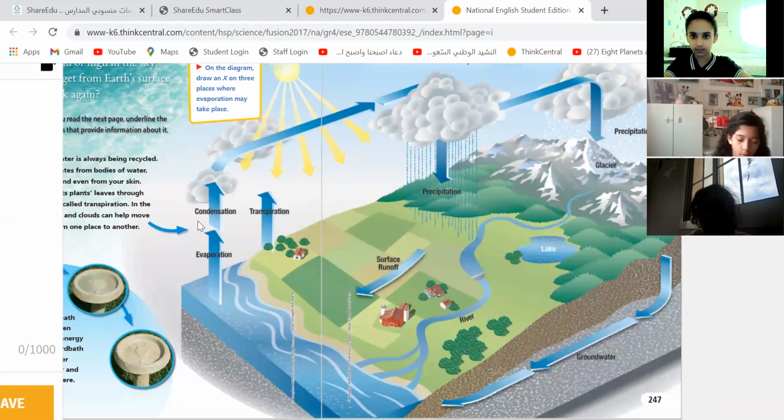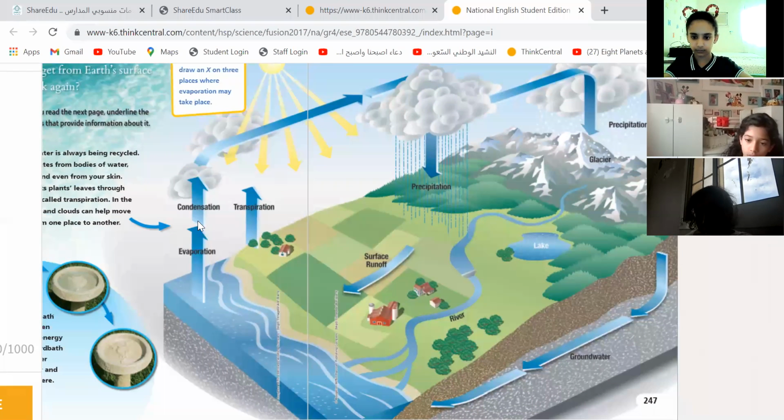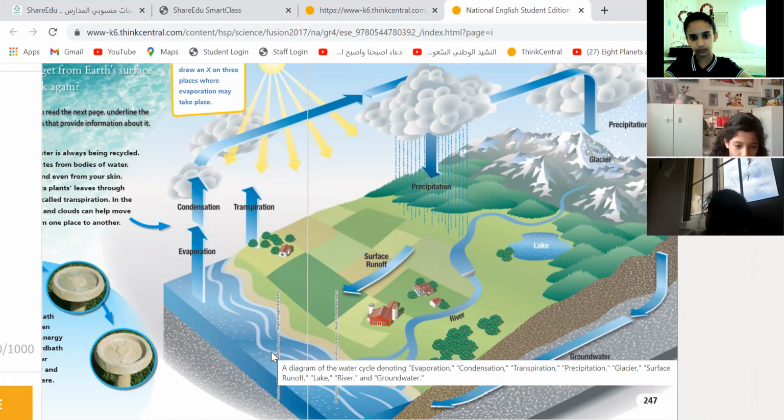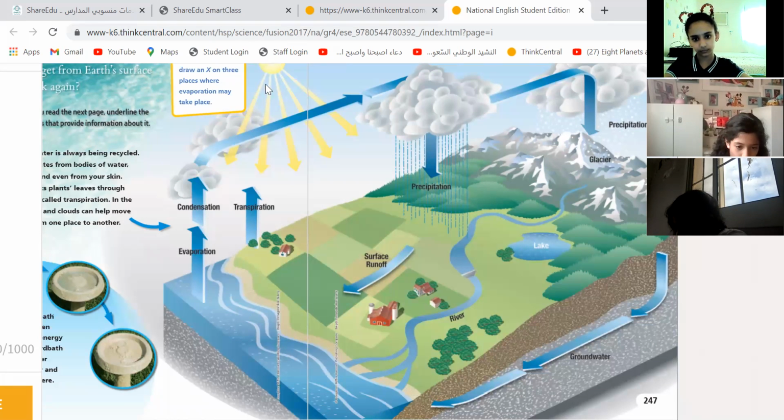First of all, this is the Earth's surface, as you can see. Just let me bring my pointer. All right. So, water from the ocean, they store water that comes from the sky. But first, we have the sun.